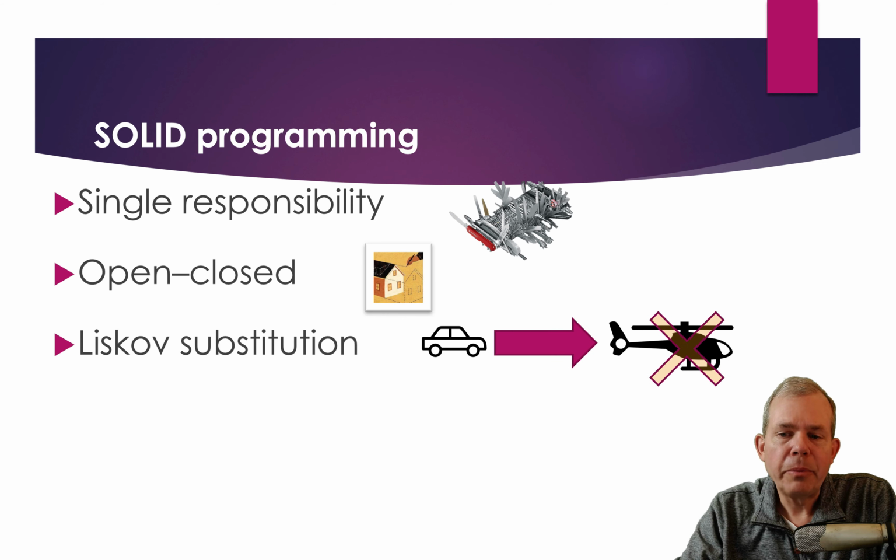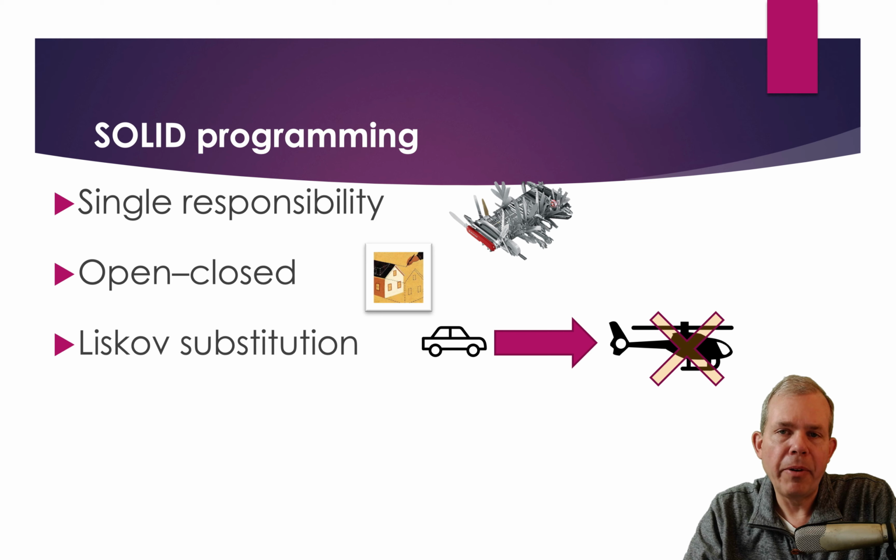Another is the Liskov substitution, which is a little more complex. And by the way, you can watch all these principles in a longer explanation on a different video that I have. But a descendant class of something should not break the original. For example, if you have a car, you would not descend into a child to be a helicopter.